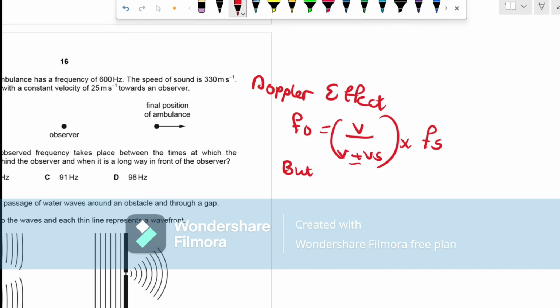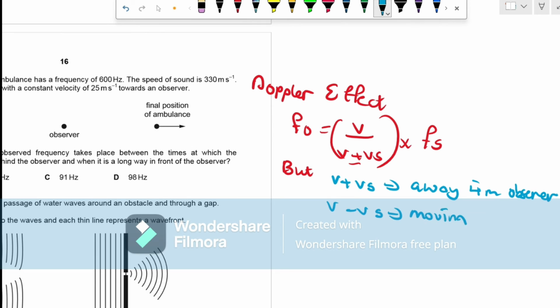We have two conditions for the Doppler effect. It's V plus Vs when the source is moving away from the observer, then it's V minus Vs when it's moving towards the observer. So here you'll be moving towards the observer.